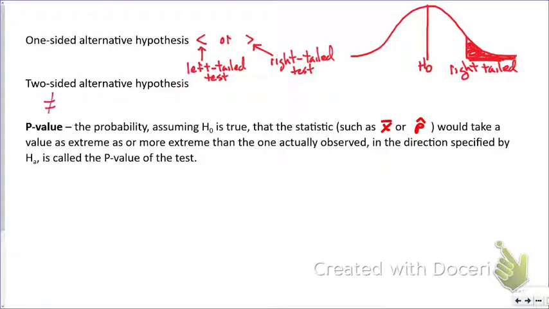Two-sided is a not equals, also called a two-tailed test. That means that we are measuring both tails. We still have our null, and we will get a p-value that's the combination of these two shaded areas.